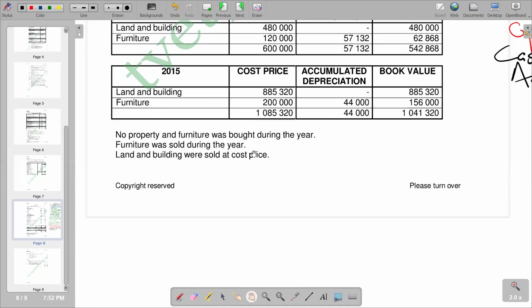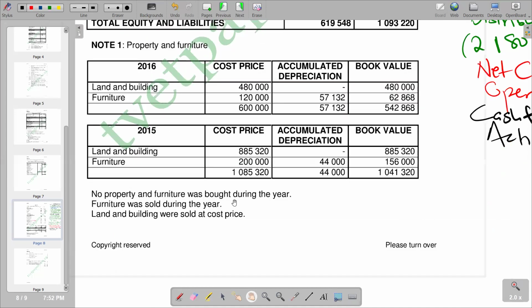So we're going to say the cost price that we have for the current period, which is 2016. We have got a cost price for landed buildings of 480,000, and we subtract it from what we had at the beginning of the year, 885,320, and then we get our proceeds for the period.